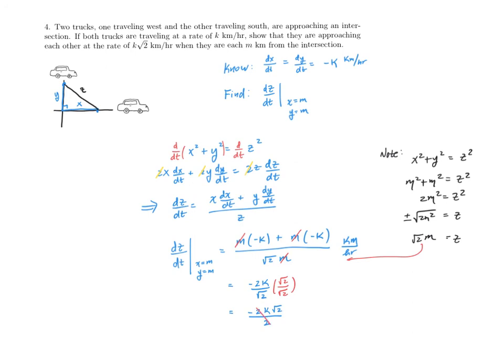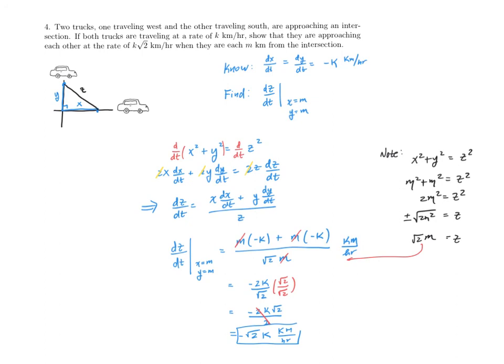And we have the desired quantity now. dz/dt is equal to square root of 2 times k, with a minus sign, kilometers per hour. Which is exactly what we were asked to show.